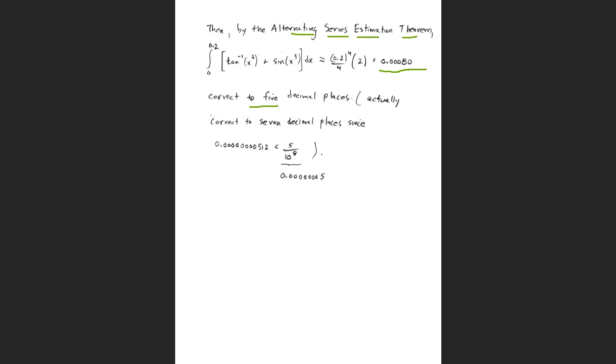That's correct to 5 decimal places, and in fact, it's even correct to 7 decimal places. 7 decimal places means 5 over 10 to the 8th power. Well, that second term in the series is less than 5 over 10 to the 8th power. So you even have accuracy to 7 decimal places. That's pretty darn good.